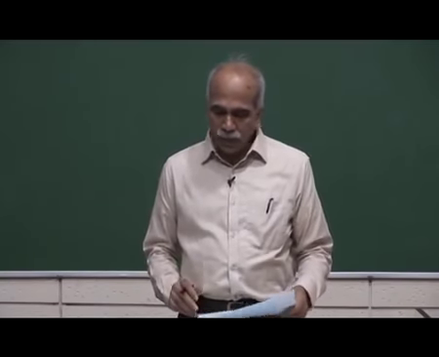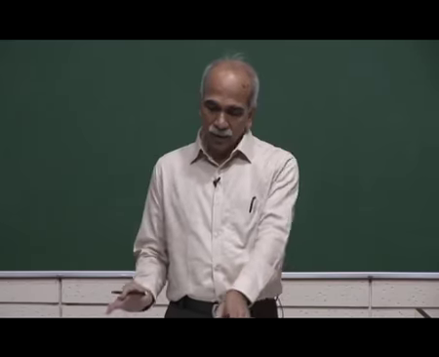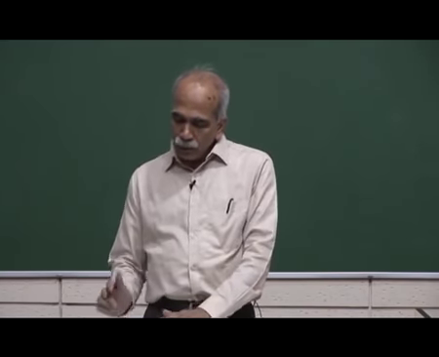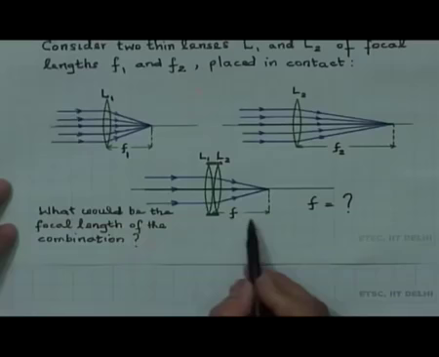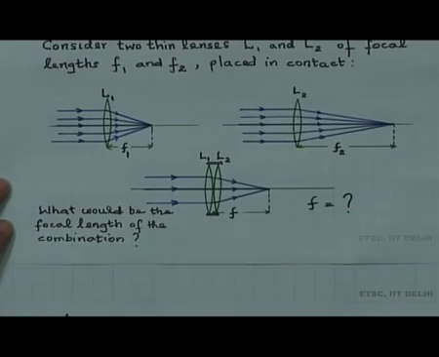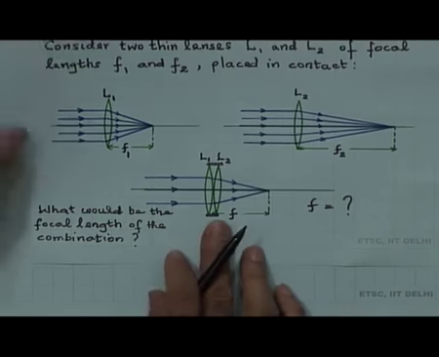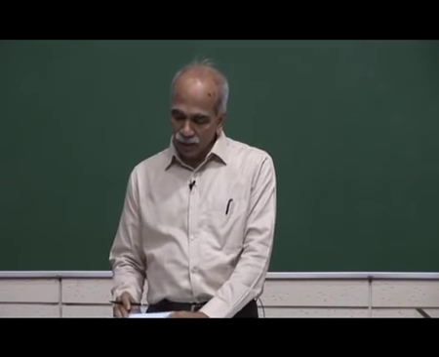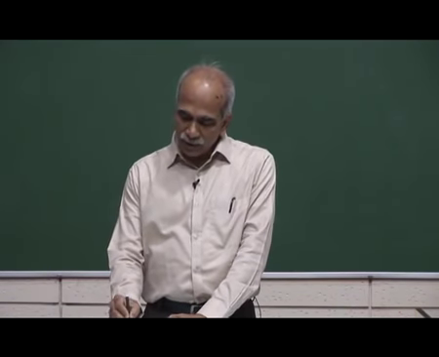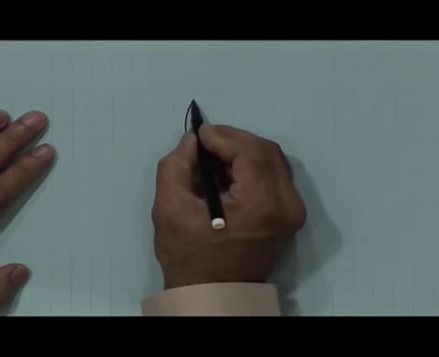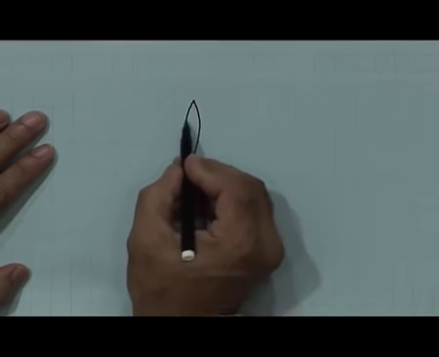Okay, so let's come back to the problem. How to determine the focal length of this combination? Now we should recall that in determining the lens formula, we had a lens with two refracting surfaces.